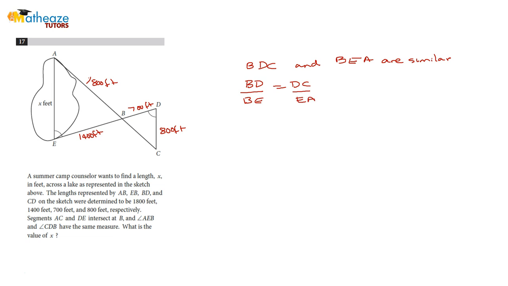This is the ratio we're going to create. So BD is 700 feet, BE is 1400 feet, DC is 800 feet, and then AE is x feet.